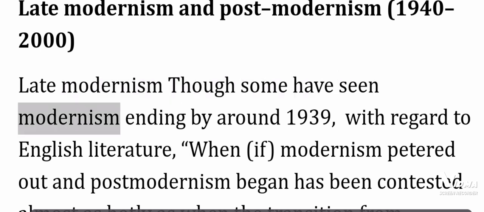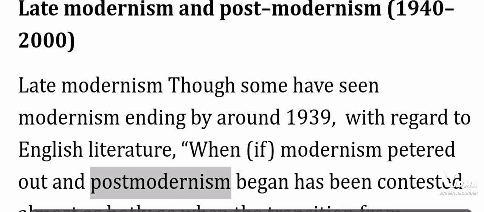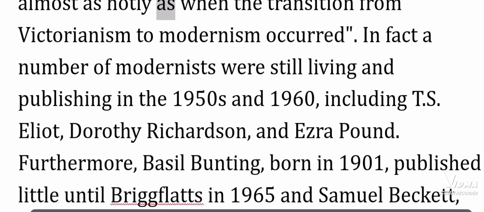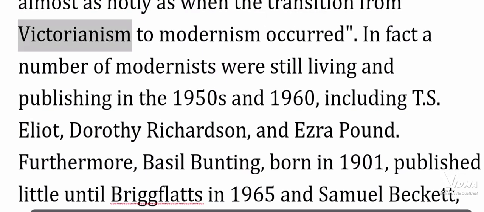Though some have seen modernism ending by around 1939, with regard to English literature, when, if, modernism petered out and postmodernism began has been contested almost as hotly as when the transition from Victorianism to modernism occurred. In fact, a number of modernists were still living and publishing in the 1950s and 1960s, including T.S. Eliot, Dorothy Richardson, and Ezra Pound.